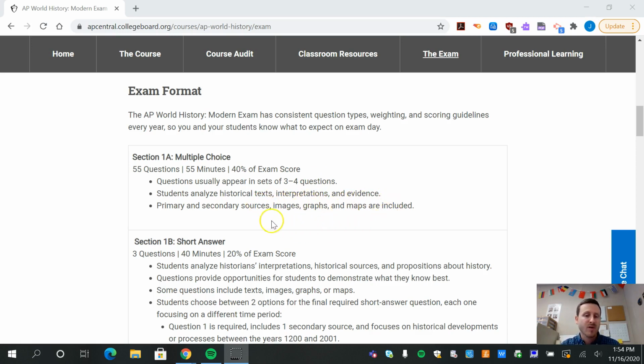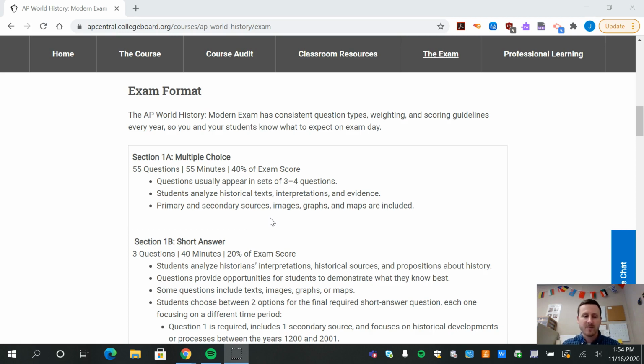We could include primary and secondary sources, images, graphs, maps, etc. Some of these, what we call stimulus questions, are going to take longer. So on the non-stimulus questions, you try to go through as quickly as you can. That way you have a little bit more of a cushion set up for yourself on the stimulus types of questions.